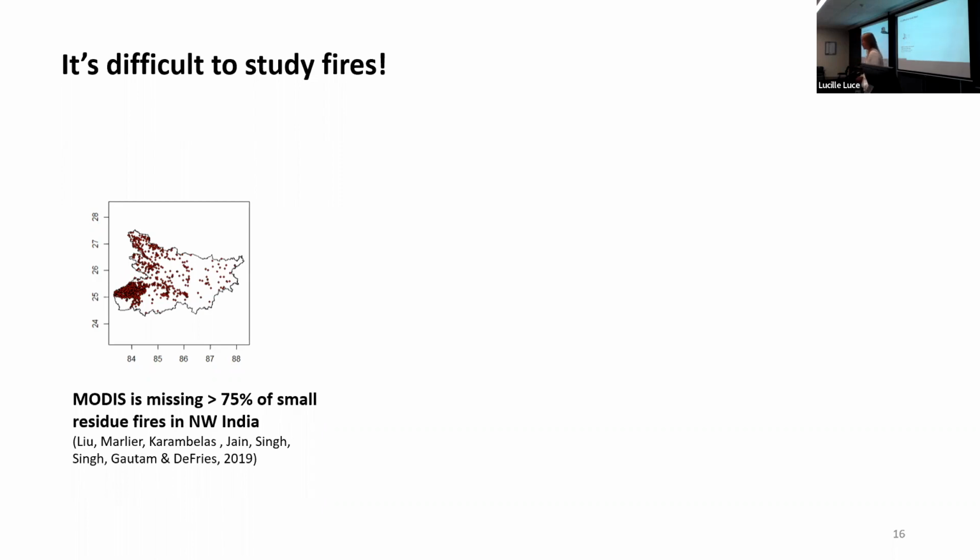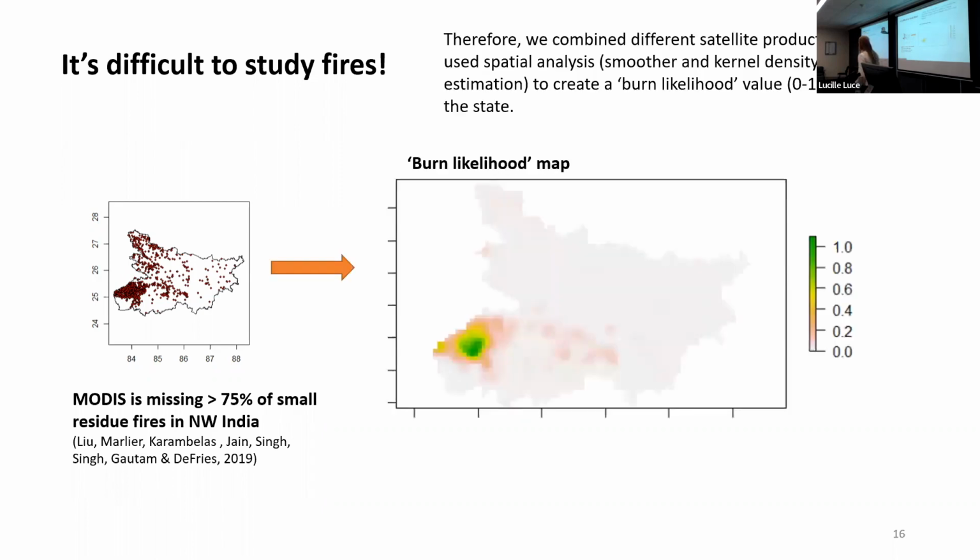So we did an exercise using a combination of satellite products, using spatial analysis, using a smoothing exercise, kernel density estimation, to create a burn likelihood. So based on where that household is located within the state, it's given a value on a scale of 1 to 0, burn being more likely at a 1.